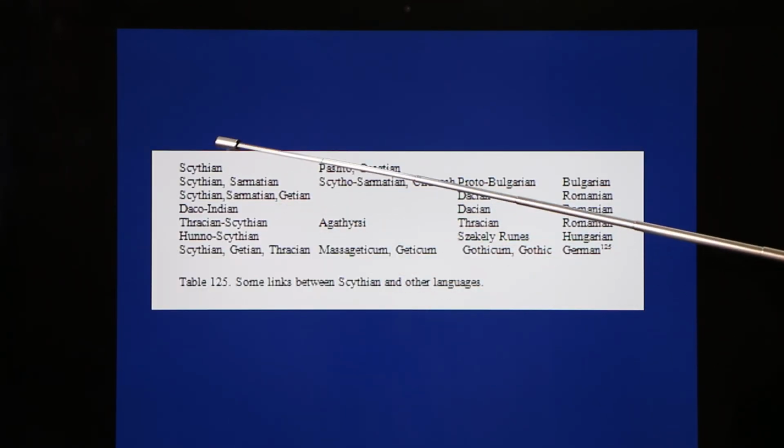In fact, I've made a list of some of the major branches of Scythians.